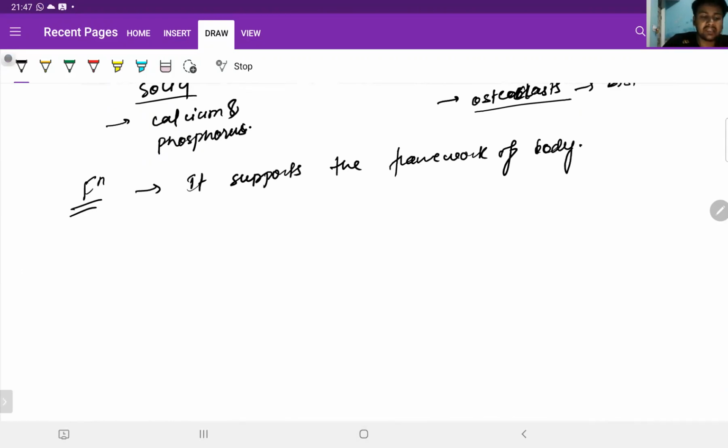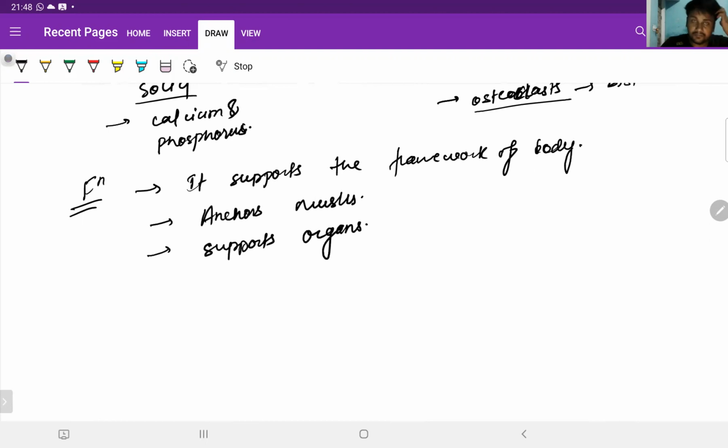Another, it anchors the muscles and supports organs, right? So these are the functions of bone.